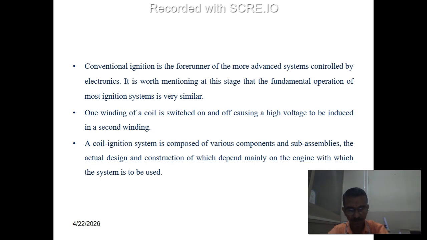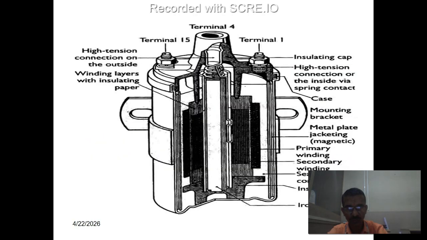One winding of the coil is switched on and off, causing a high voltage to be induced in the second winding. A coil ignition system is composed of various components and sub-assemblies, the actual design and construction of which depend mainly on the ignition system to be used.